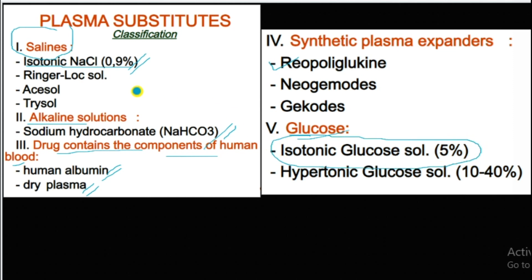We need to at least know isotonic NaCl 0.9%, albumin and dry plasma, rheopolyglucane, isotonic glucose solution 5%, and sodium bicarbonate.